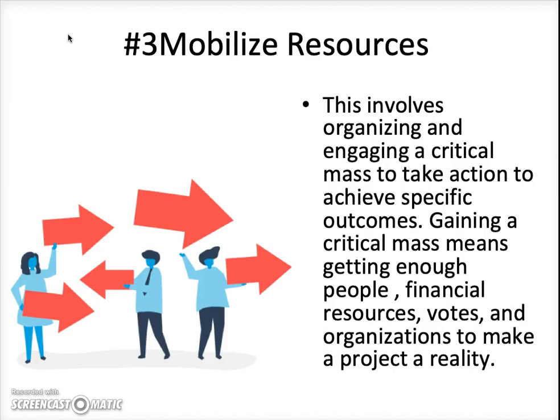The third of your 3 competencies for a healthy community art organization is mobilizing your resources, okay? This involves organizing and engaging a critical mass to take action to achieve specific outcomes. Gaining critical mass, getting enough people, financial resources, votes, organization to make a project a reality.